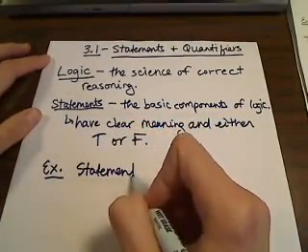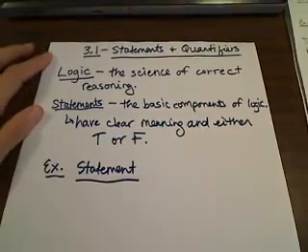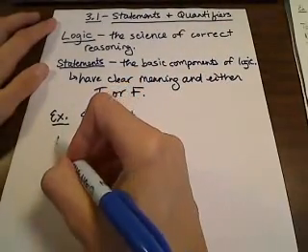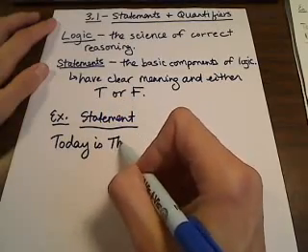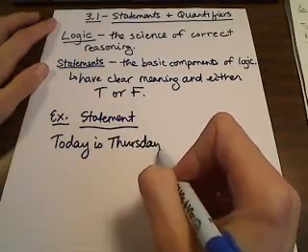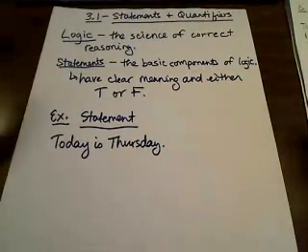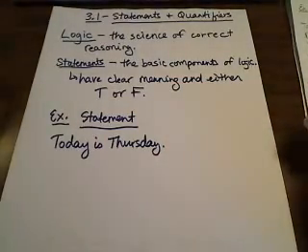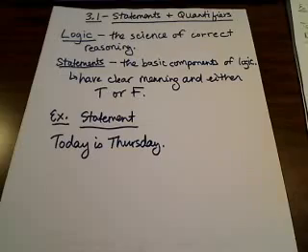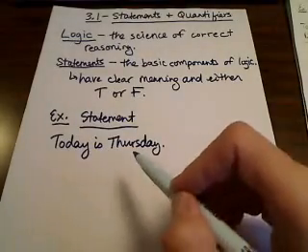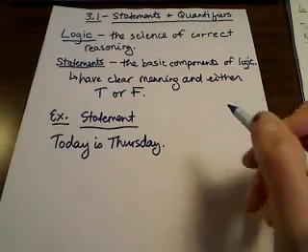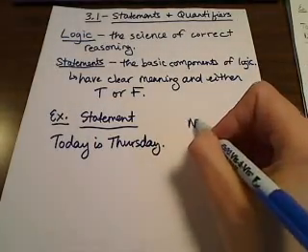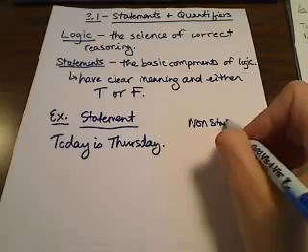A statement might be something like, today is Thursday. Which it is, at least at the time that I'm recording this video. So that's something that's clear. It has clear meaning, and it has a true or false value to it. Versus something like this, a non-statement.